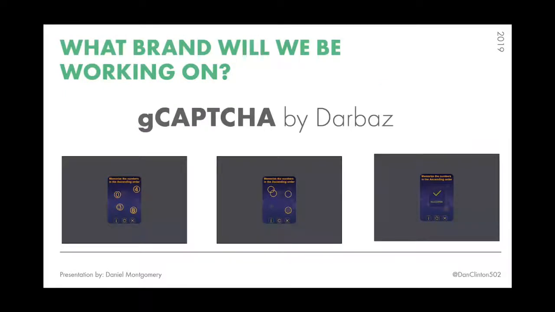And define the brand. What brand will we be working on? G Captcha, which is Derbas's. That's my captcha. Do you want to take a second to explain it, or would you like me to continue on? I think it will be much better if you do it.